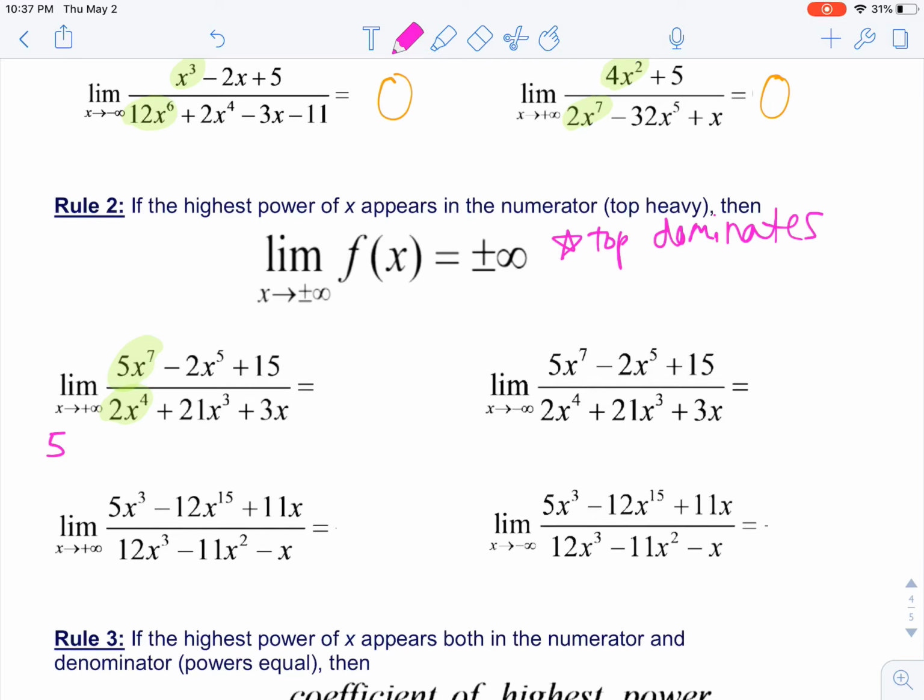So this is going to be 5x to the 7th over 2x to the fourth, just our leading terms. That simplifies to be 5 halves x cubed. And what I'm going to think is, okay, that is a function with an odd degree. The end behavior for a positive odd degree starts down, ends up. So as I'm going to infinity, infinity would be over on the right-hand side, I'm going to approach infinity.